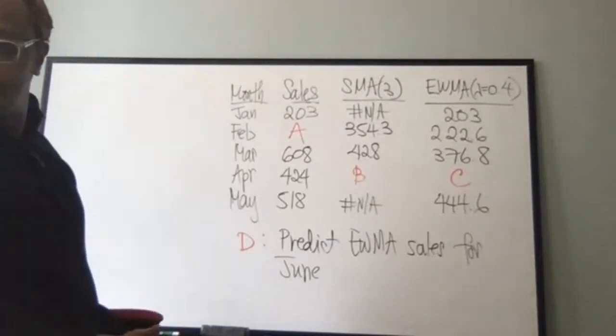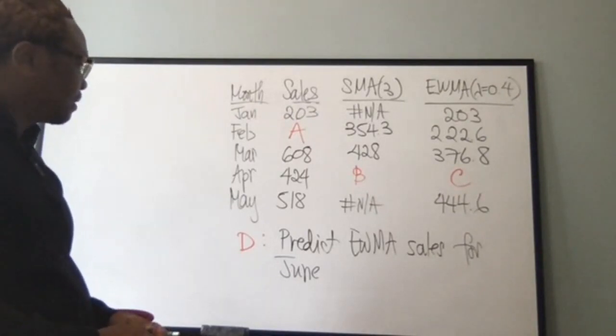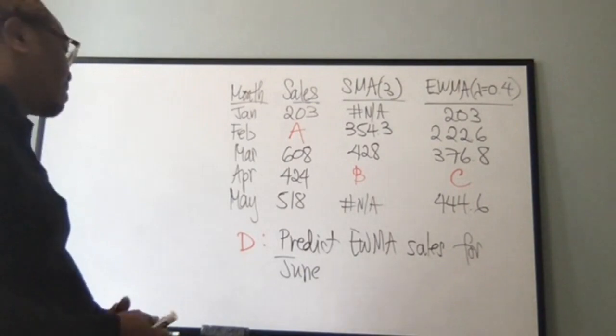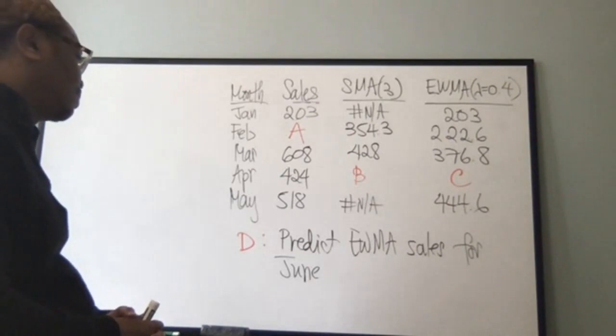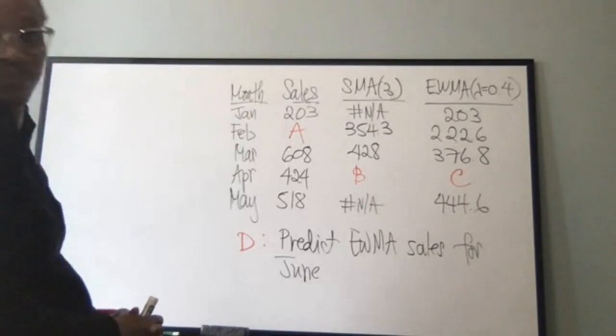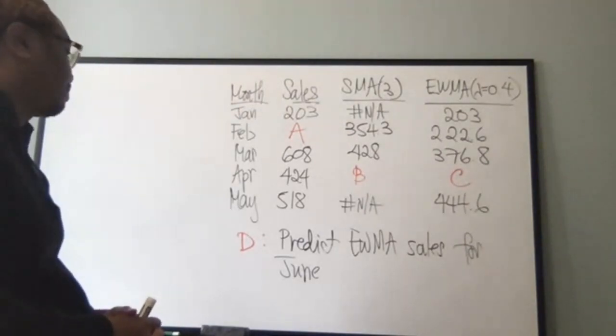So let's see. When it comes to prediction, J1, any idea? You remember how to predict using EWMA based on what we talked about the last time? Like how would you do that? J1, do you remember?